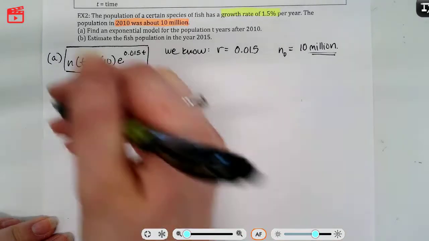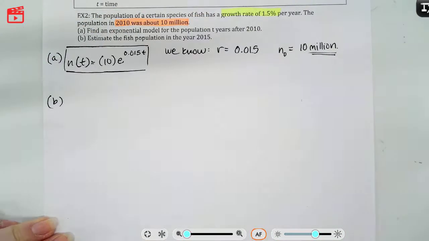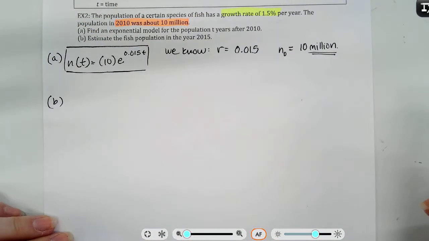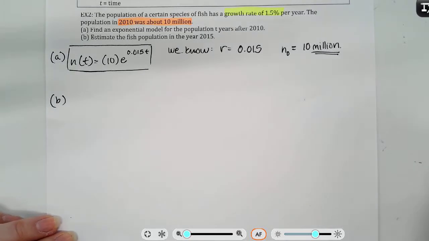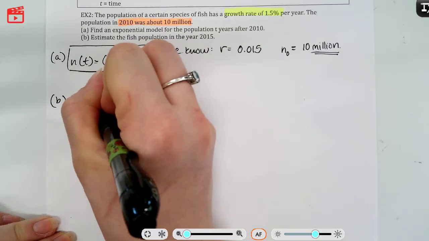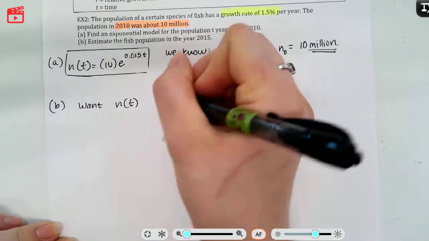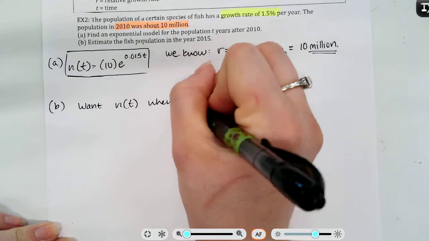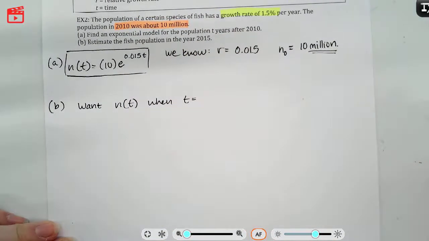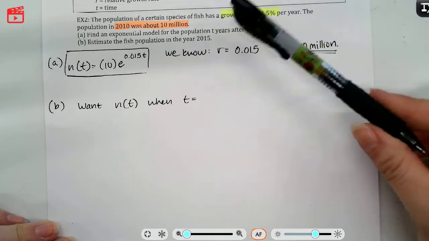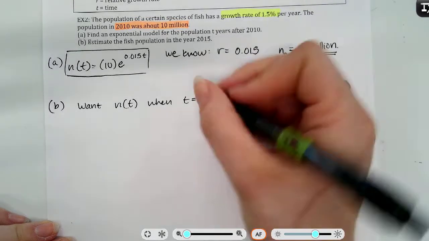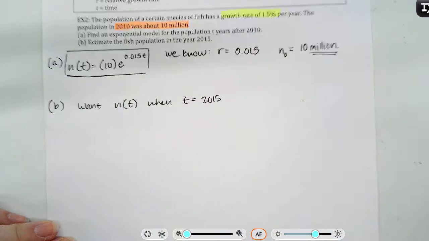So B, we want to estimate the fish population in the year 2015. So fish population, what is that? Well, that's n of t. So we want n of t when t is 2015. So am I going to use t as 2015? Is that the number I'm going to use?